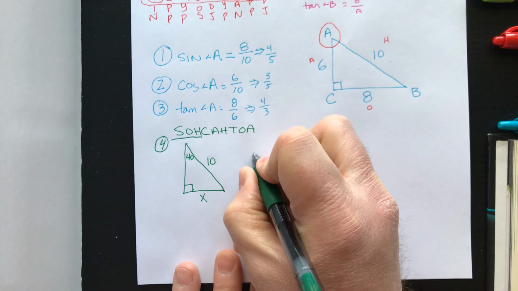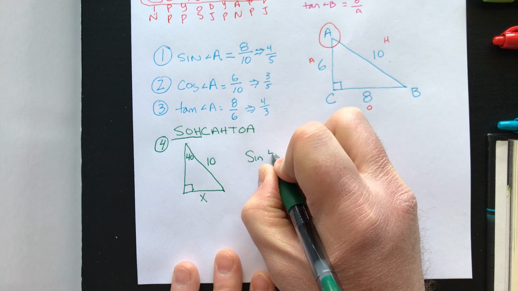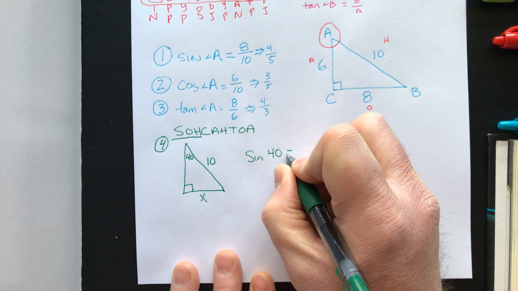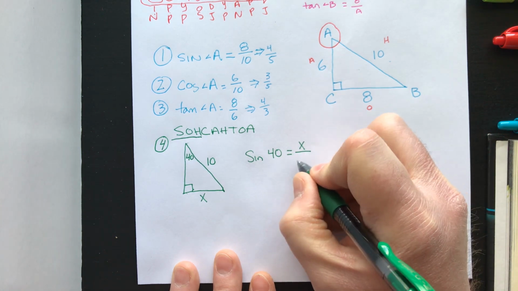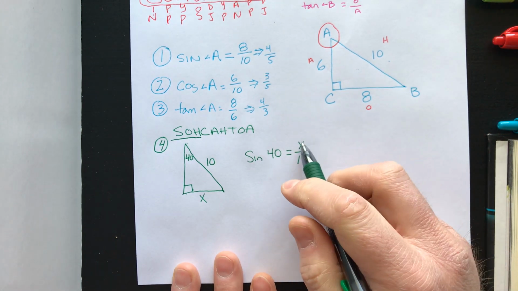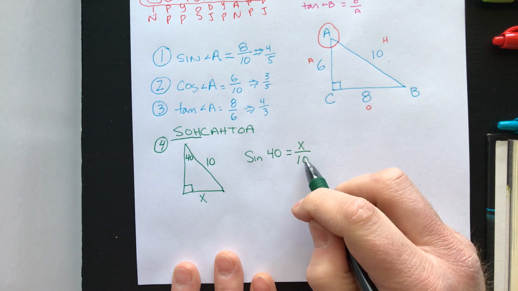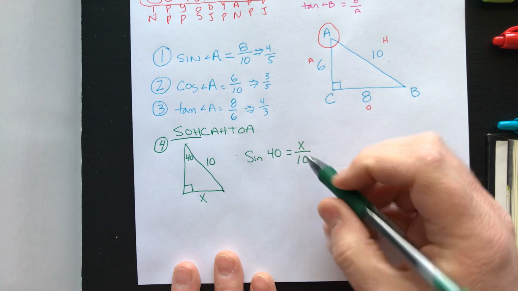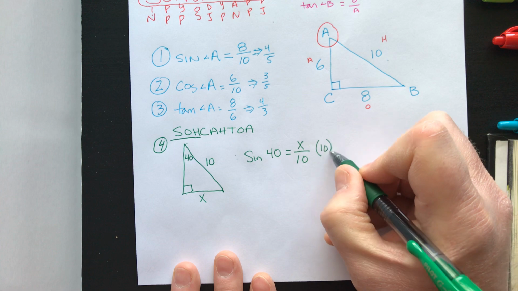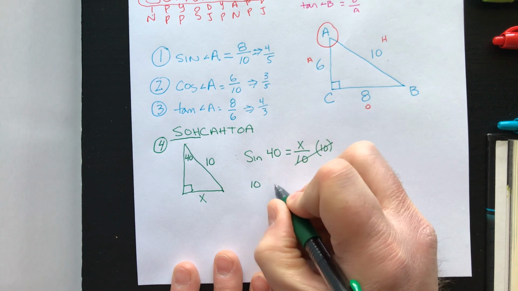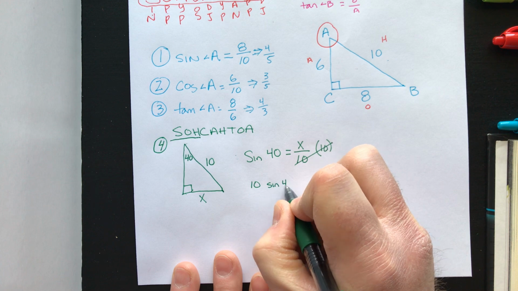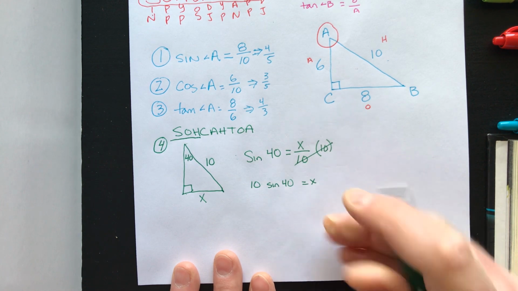So I'm going to say the sine of 40 degrees is equal to opposite over hypotenuse, x over 10. And then we solve for x. So how do we get the 10 over here? We multiply both sides by 10 because it cancels here. So now I'm left with 10 times the sine of 40 is equal to x.